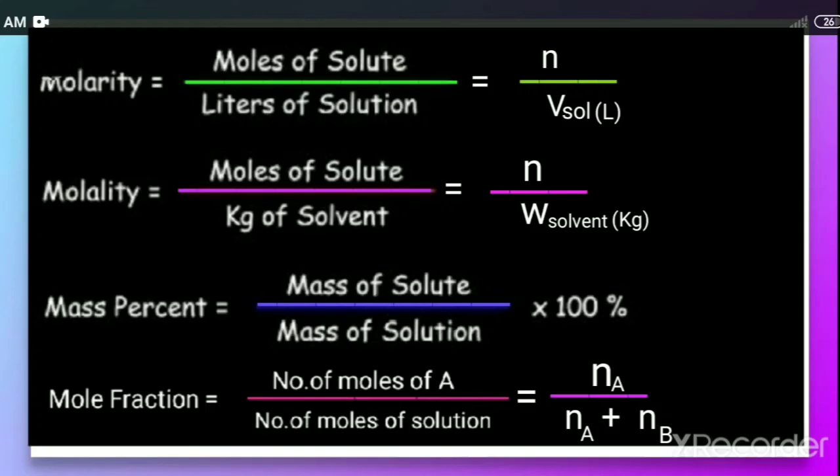So these are the formulas which we are using to find out the concentration of solution in different ways. Either we can find out the concentration in terms of molarity or in terms of molality or mass percentage or mole fraction.